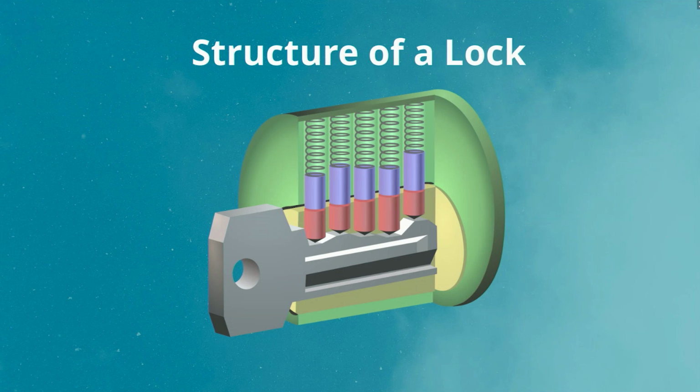And then you have the pin. The pin is split into two parts so that when you push a key into the lock, you can see that the gap between the inner body of the lock and the outside body of the lock lines up with the division between the lower and the top part of the pin.